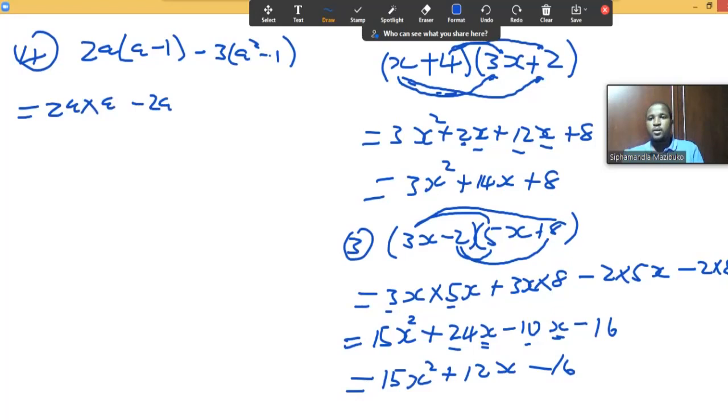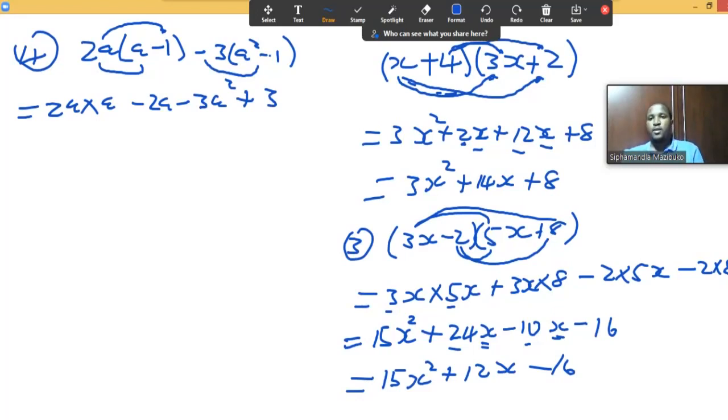The reason we're saying minus 2a is that we first multiply 2a with a, and now we're multiplying 2a with minus 1. That's why we're getting minus 2a. And then we move to the next term where we're getting minus 3a squared. Because here we're multiplying a negative with a negative, so we're getting positive 3. Because we're multiplying minus 3 by minus 1.